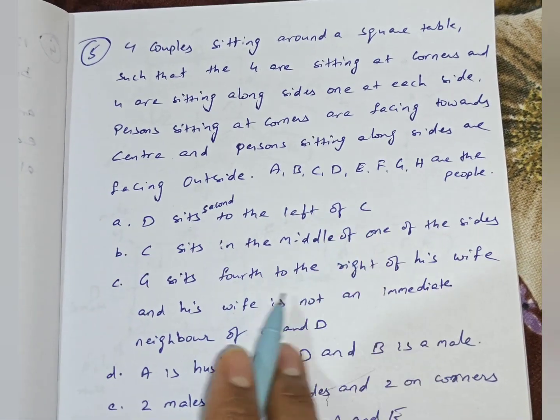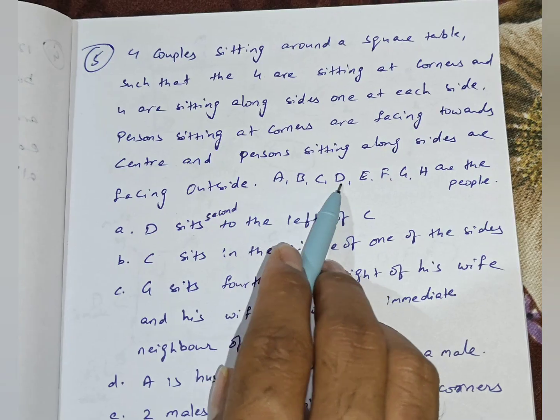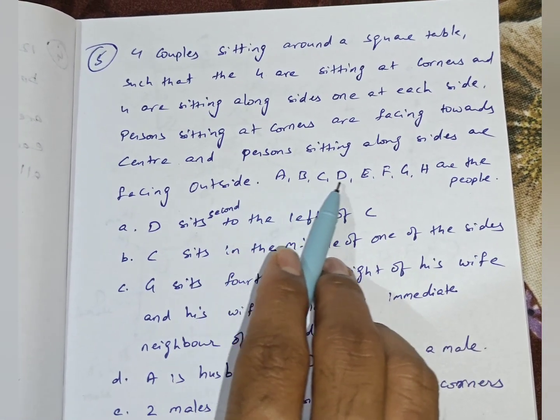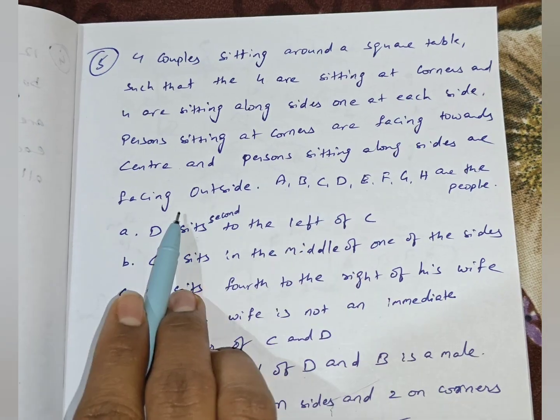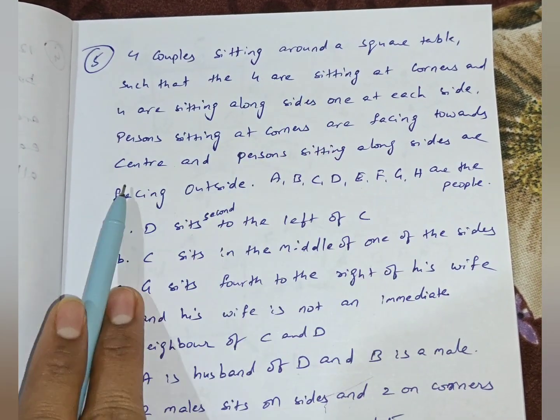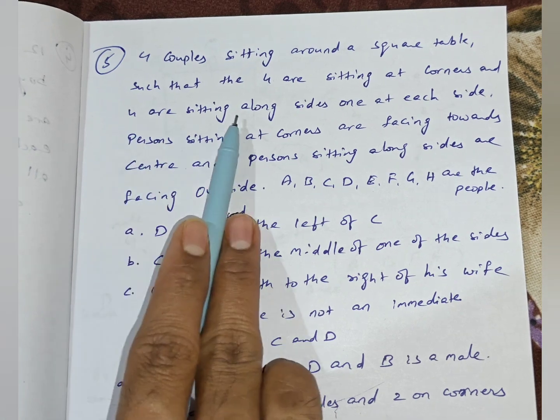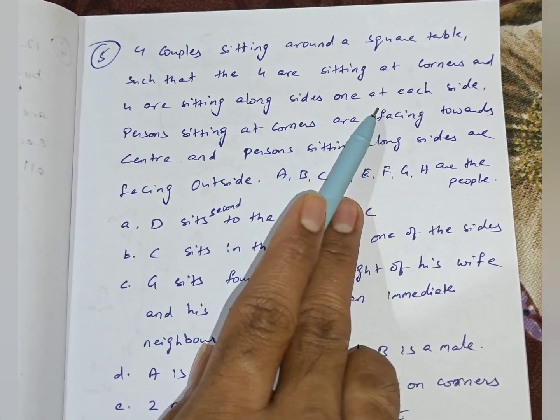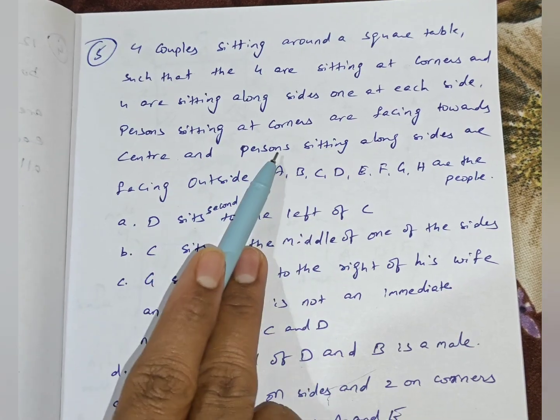Here, one thing you remember, A, B, C, D, E, F, G, H are the people, and there is no confirmation of who is male and who is female. And four couples means compulsorily two males and two females should be there, and four persons are sitting at the corners, one at each corner, and one at each side.